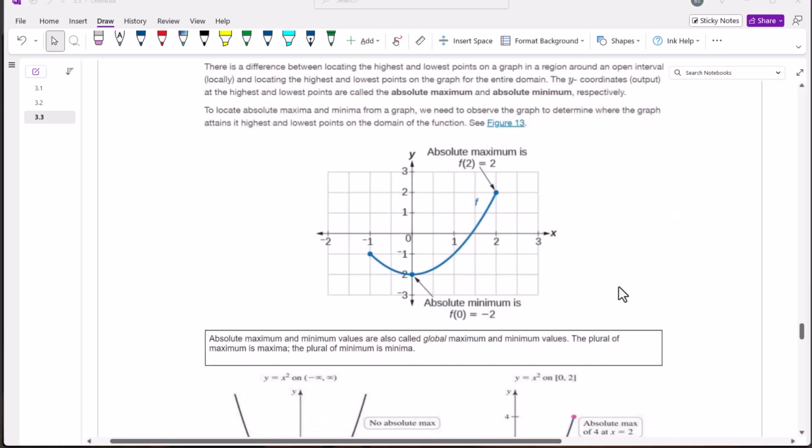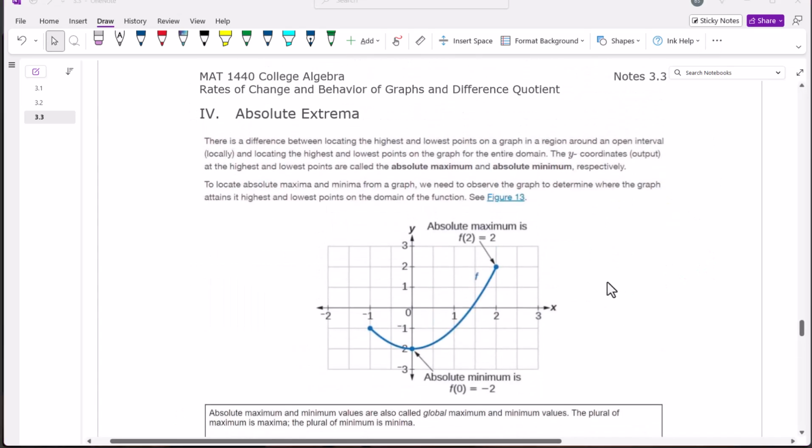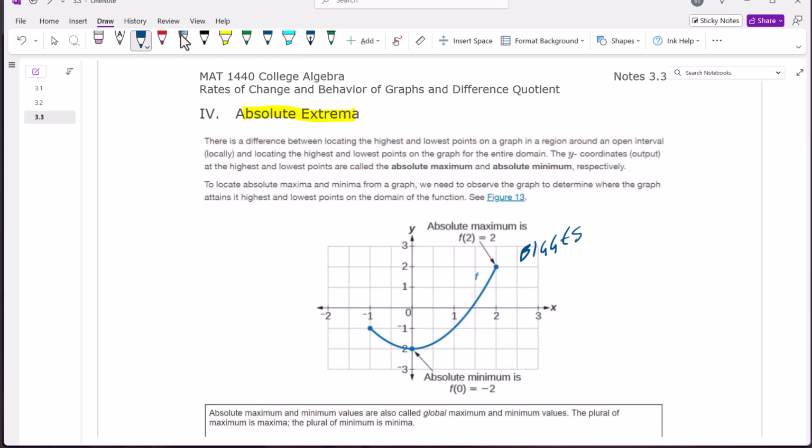Okay, so one last topic, we're going to talk about absolute extrema, another topic you talk about in a calculus class. And all this means is an absolute max is just the biggest y value that the graph ever achieves. So it's like the highest point on the graph. And then an absolute minimum is the smallest y value.